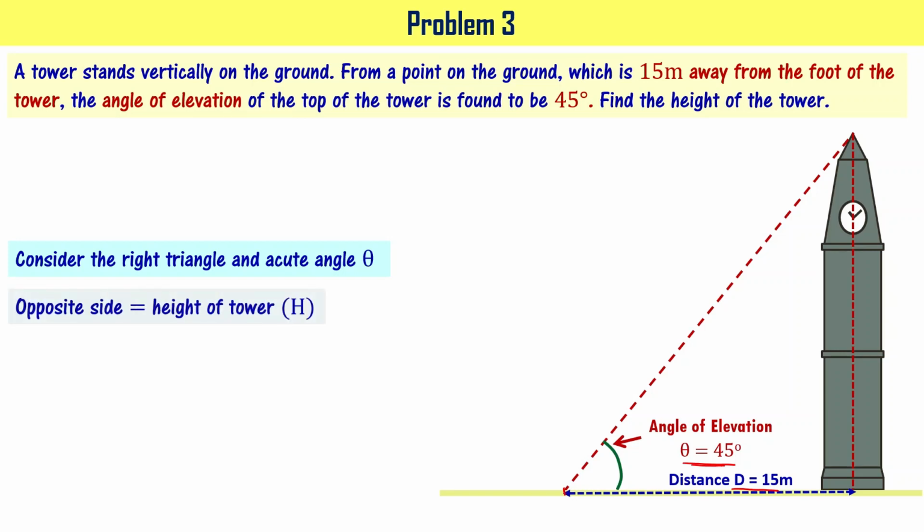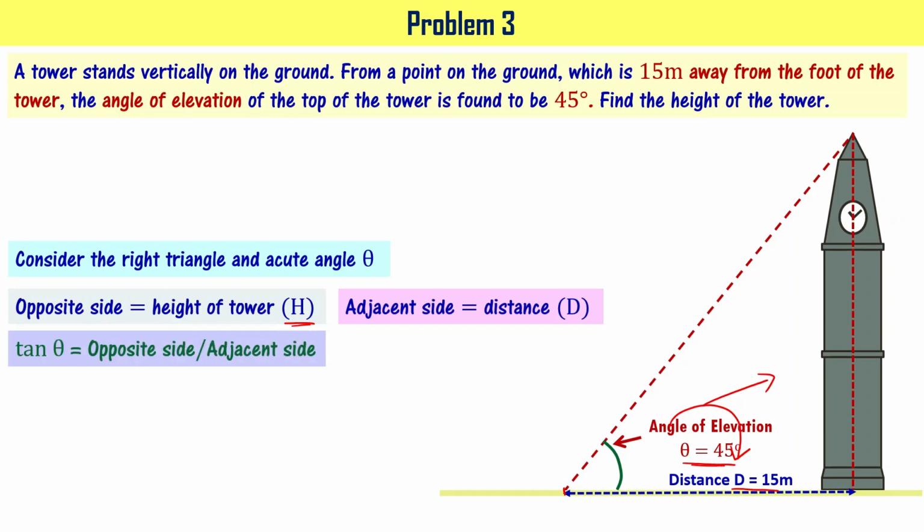So opposite side for the acute angle theta is height of the tower, that I am denoting using capital H, and the adjacent side is distance d, that is 15 meters given, right?